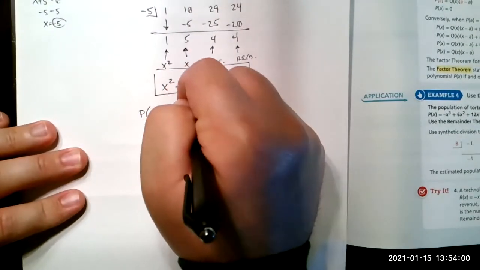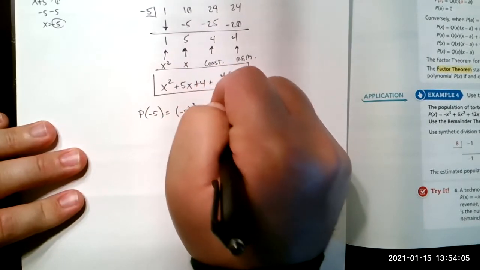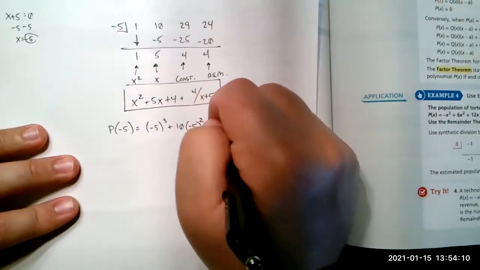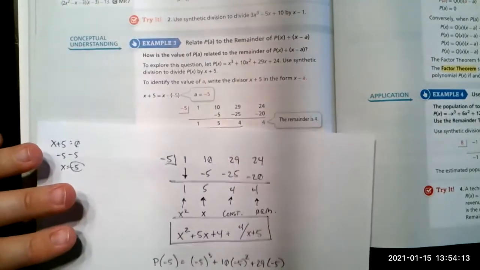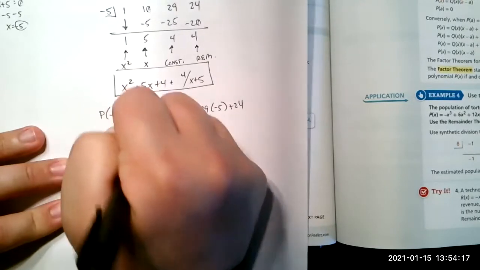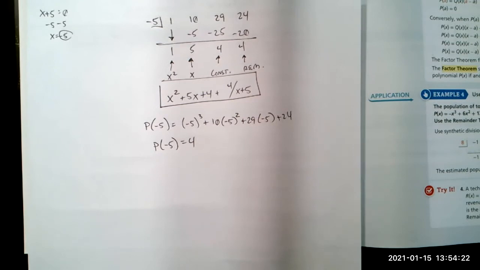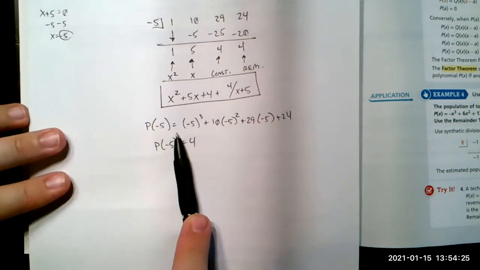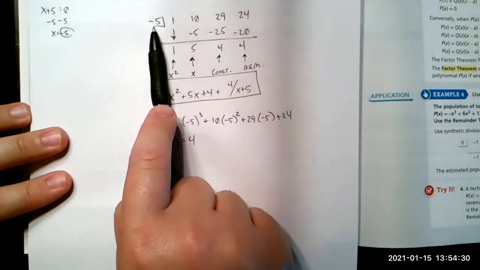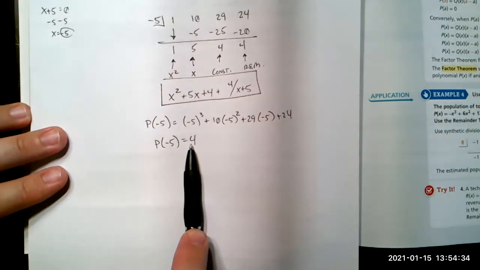So -5 cubed plus 10 times -5 squared plus 29 times -5 plus 24. That would give you the same answer of your remainder. So the connection here is evaluating your function using that number versus synthetically dividing your function by the same number will give you the same answer. It'll give you that remainder.